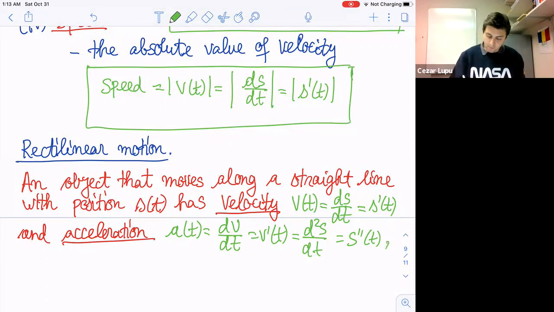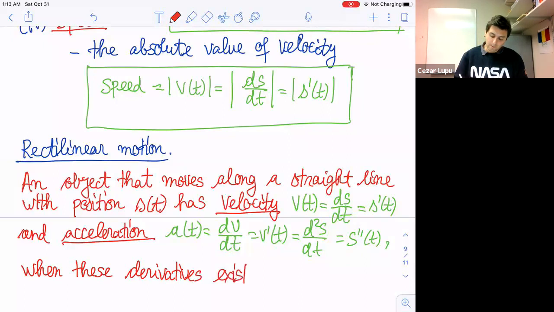And this is important when these derivatives exist. If the derivatives do not exist, then we're in trouble.